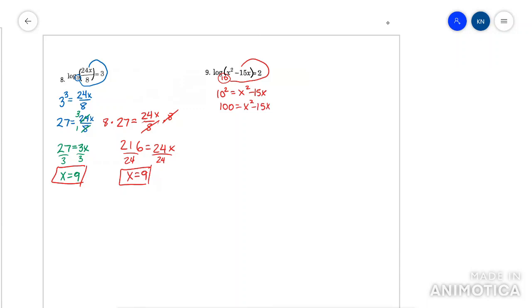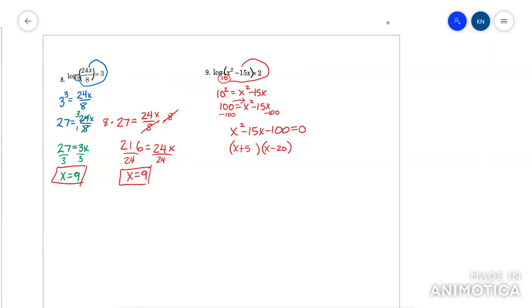All right, now this is a quadratic that you have to solve. So you're going to want to make it equal 0, but you want to go towards the x squared. So you're going to minus 100. Be careful with your like terms. So what you have is x squared minus 15x minus 100, and it equals 0. You do this so that you can try to factor this, right? So you can factor it as x plus 5, x minus 20.